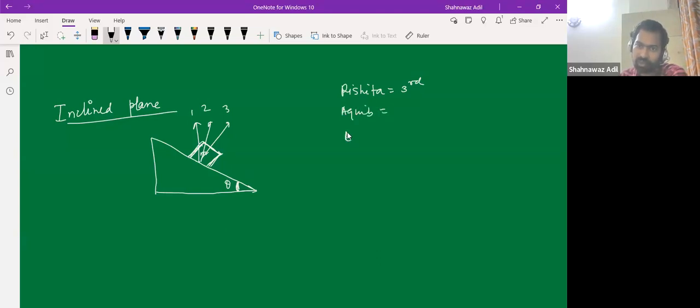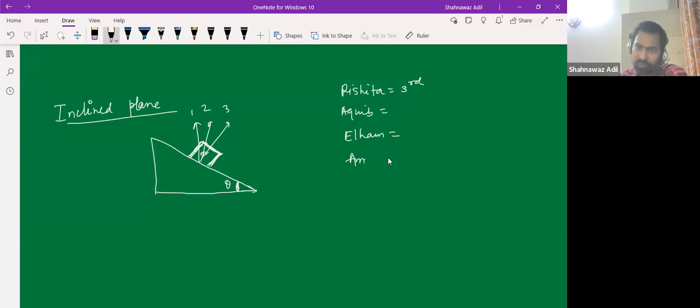Can you repeat the question? The question is that you have this mass which is put on the surface, and now this surface is applying some normal reaction to this, perpendicular to this surface. Which one is the perpendicular to this surface?